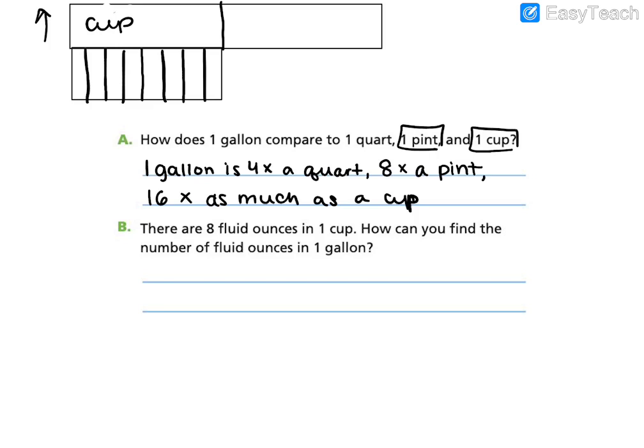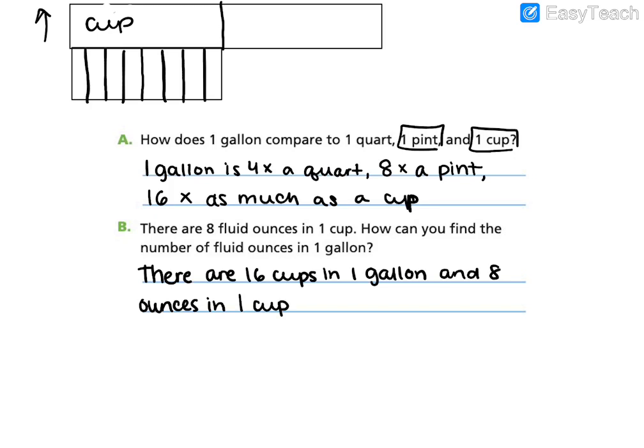How do we find the number of fluid ounces in a gallon? Well, if we know that there are 16 cups in a gallon, and 8 ounces in 1 cup, we can multiply those 16 cups times 8 ounces to find the total.